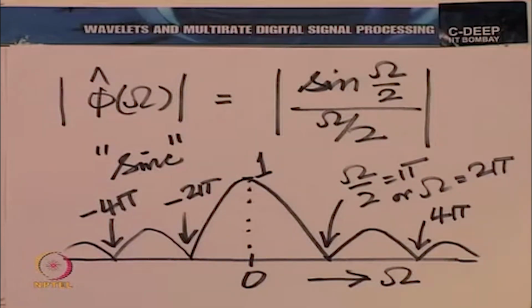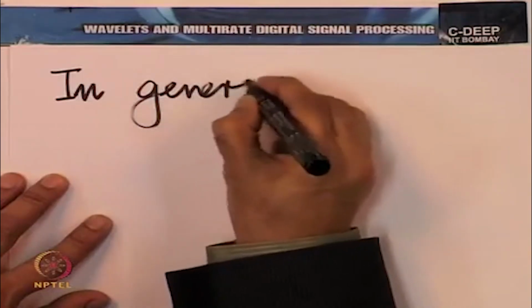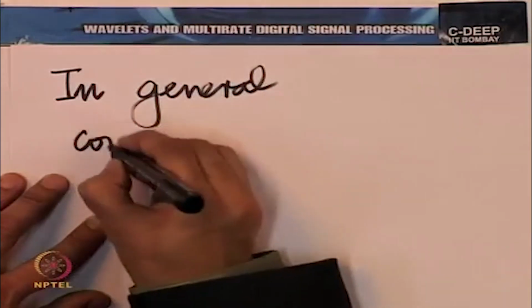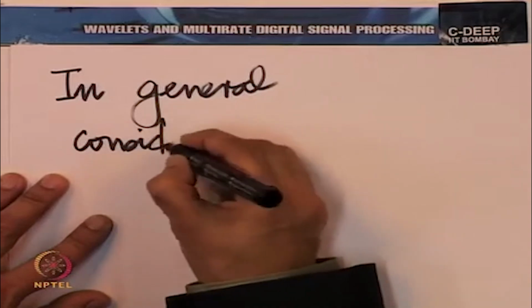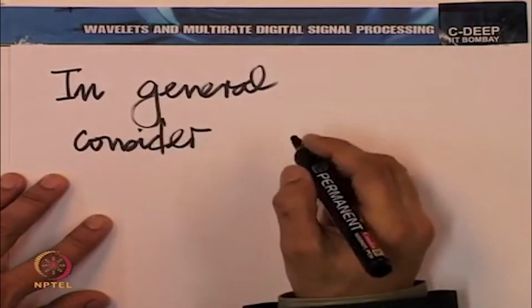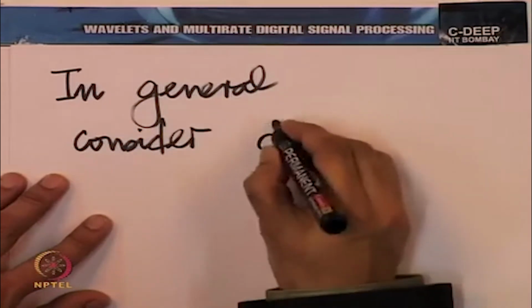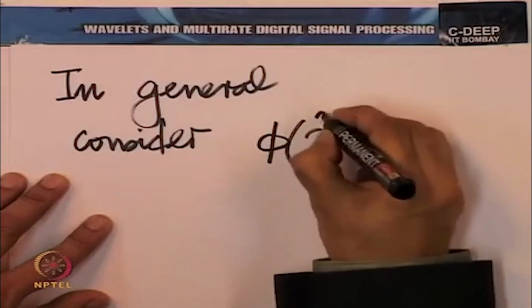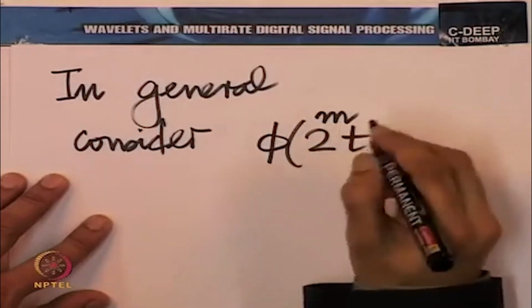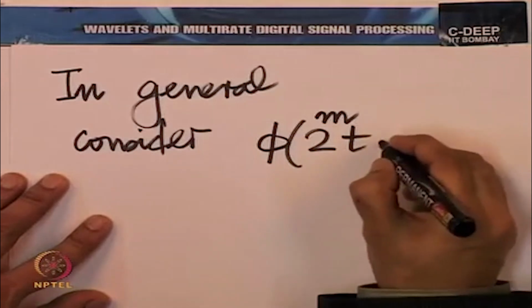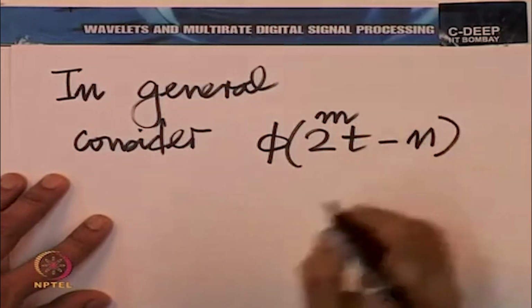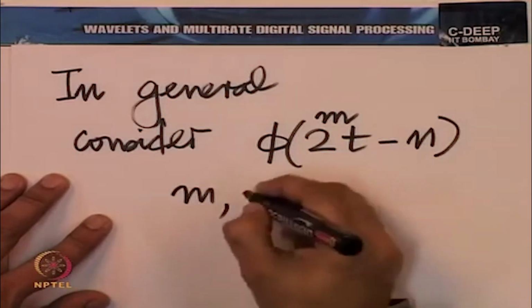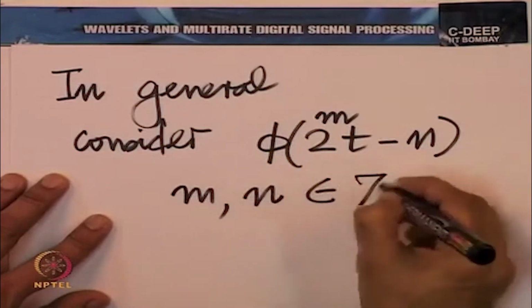So, we should interpret that. You know, we are talking about dyadic dilates and translates. So, let us consider phi, in fact 2 raised to the power of m t minus n, if you please, for m and n belonging to the set of integers.